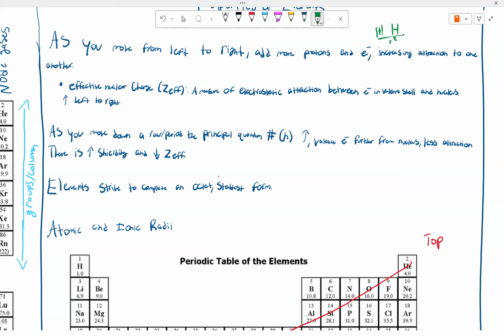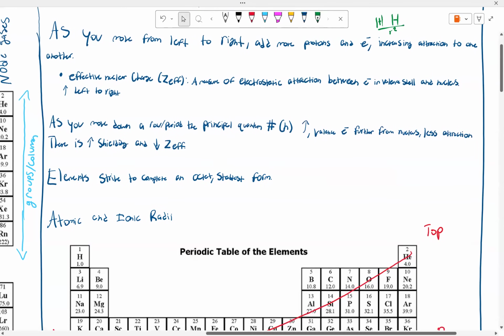Just as you increase the charges, but you're not increasing the distance at all, you're increasing electrostatic attraction, increasing the force of attraction. Effective nuclear charge, or Zeff, as I like to say, Z, remember, being the symbol for protons.